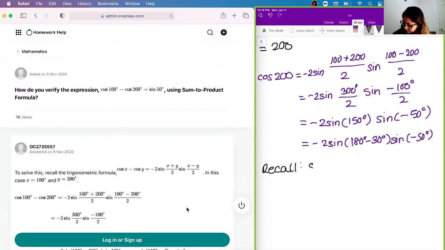Recall that sine of 180 degrees minus theta is equal to sine theta.